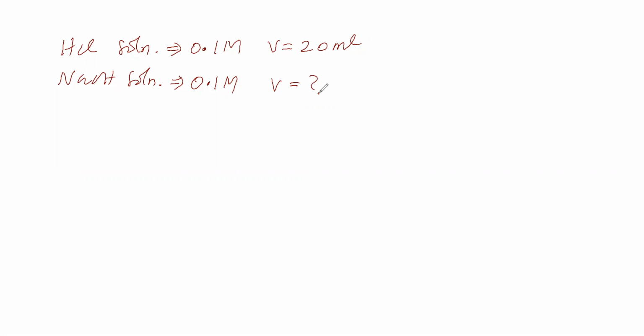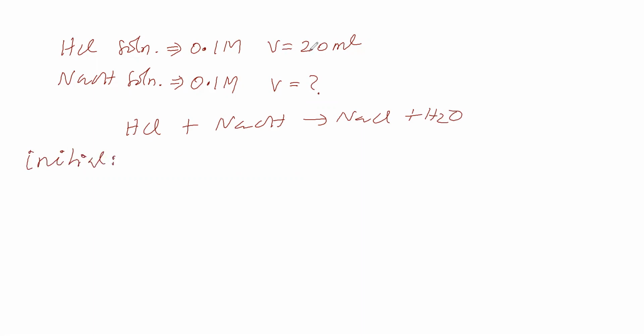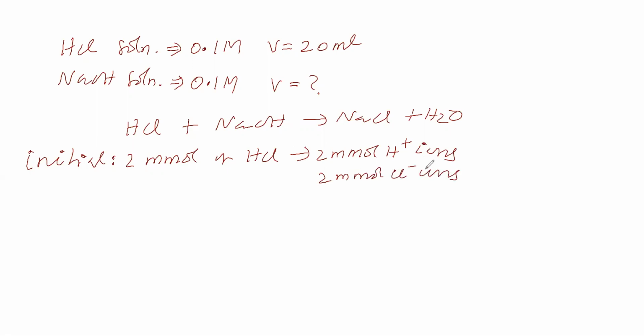Due to the addition of NaOH into HCl, a reaction takes place. HCl reacts with sodium hydroxide and gives sodium chloride and water. Initial value we will see. Initially you have taken 20 ml of 0.1 molar HCl; multiply these two and you get 2 millimole of HCl. That means 2 millimole of H plus ions and 2 millimole of Cl minus ions are present.